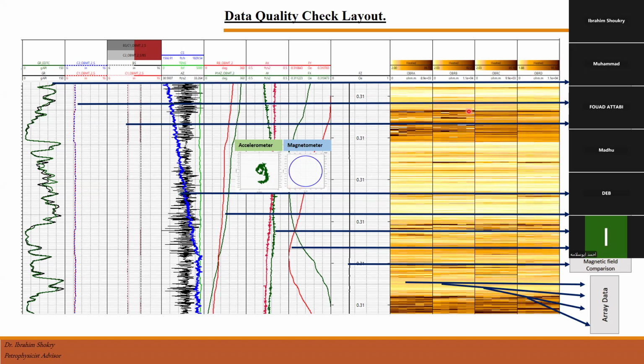And then we display the measurement section, which comes in pads or flaps. Before processing, we display it as separate columns to figure out if there is any faulty button, faulty section, or mislocked section and so on.